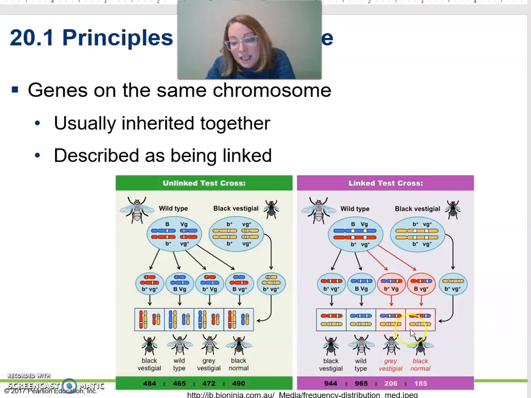Whereas if they're linked and you cross them, you're far more likely to see the black coloration with these vestigial wings and the gray with the big wings and vice versa. It's more likely that the linked ones go together and that they don't switch. Okay. Cool.